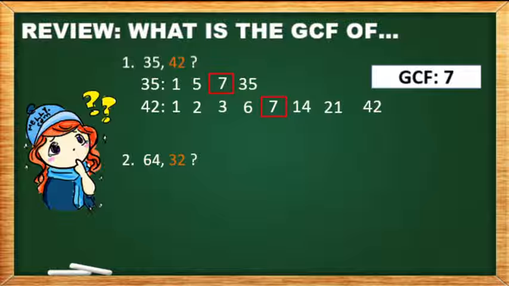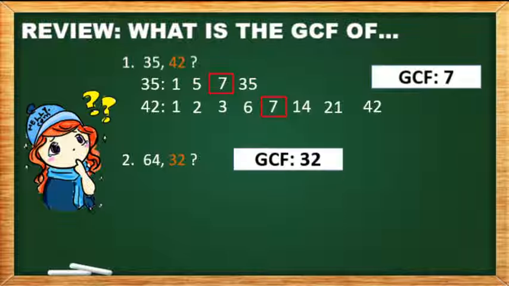Let's say 64 and 32. Saan ba siya pwedeng i-divide? Pwede siya sa 2, pwede siya sa 4, pwede siya sa 8, at pwede siya sa 32. Silang dalawa, pwede silang i-divide sa mga number na nabanggit ko. So therefore, the GCF is 32. Kasi ang 32 ang pinakamataas na common factor ng 64 and 32.